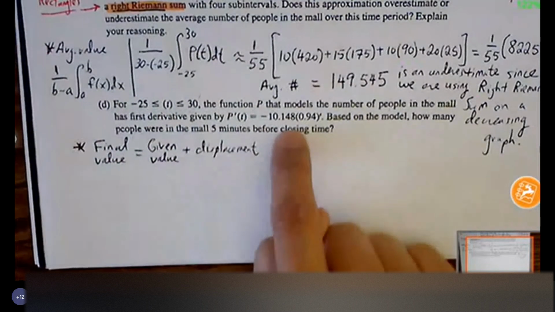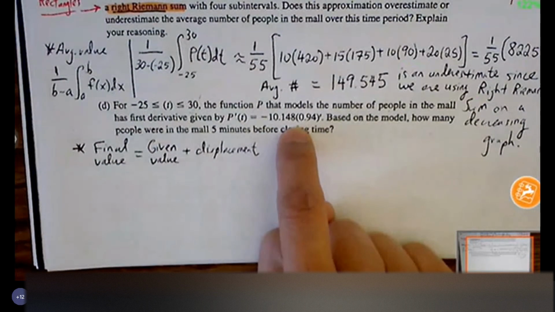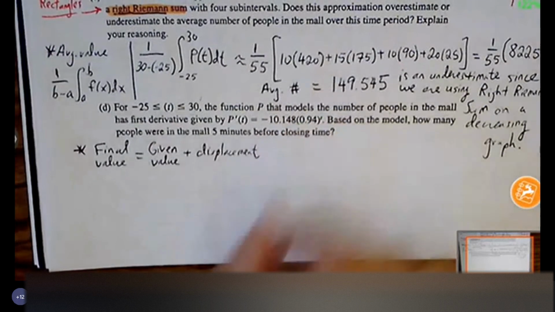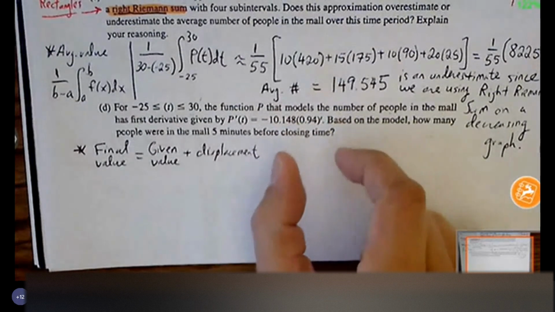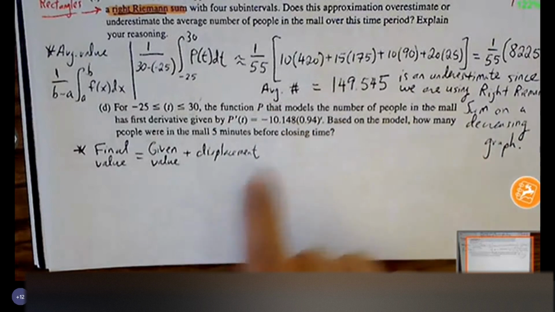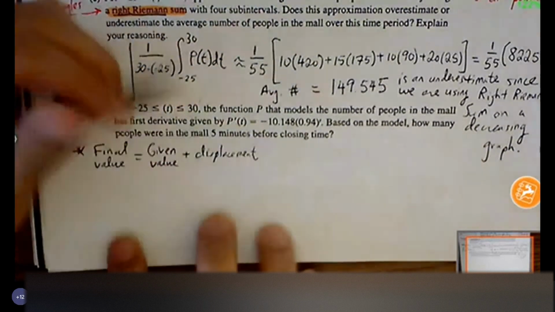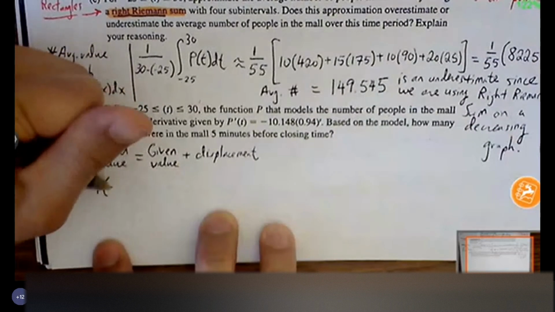Okay, we have the rate at which the number of people in the mall is changing, so we can accumulate that rate to figure out the change in the number of people in that time interval. So I'm looking for the number of people in the mall 5 minutes before closing. So I'm trying to find P of -5.